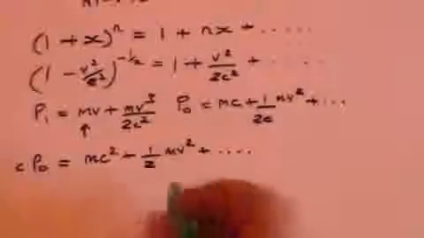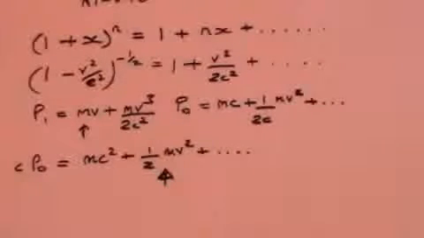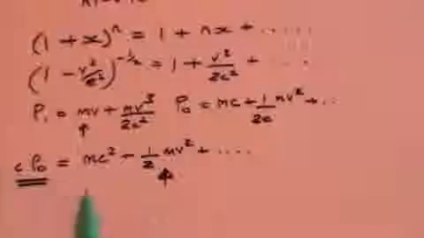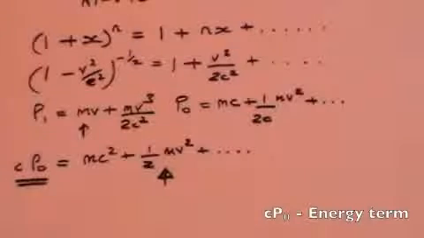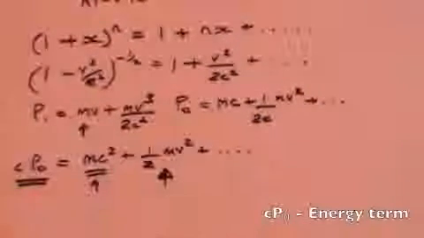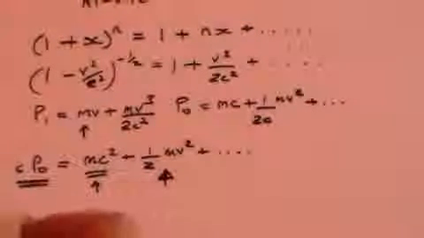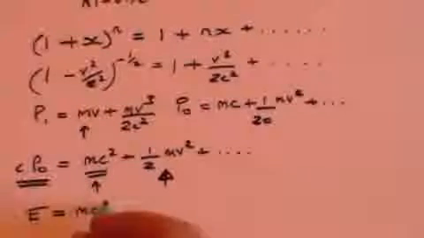We recognise half mv squared, that's a kinetic energy term. So cp0 must be an energy term. But what's this mc squared? Well, mc squared must be the energy you have even when you don't have any kinetic energy. It might be referred to as the rest mass energy. And that is the famous equation E equals mc squared.